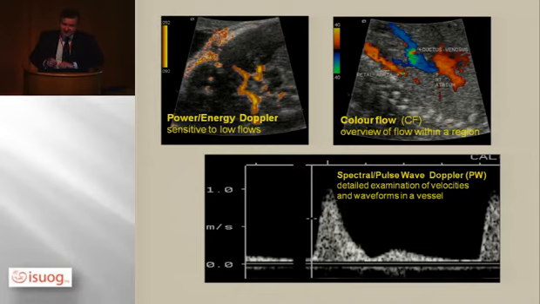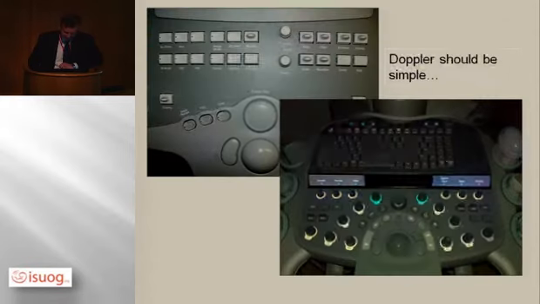This is the key part of Doppler that allows you to get quantitative information, measure things, velocities, resistances. So it is quite important that we're clear that we are all measuring in a similar way, or at least know if we're not measuring in a similar way.